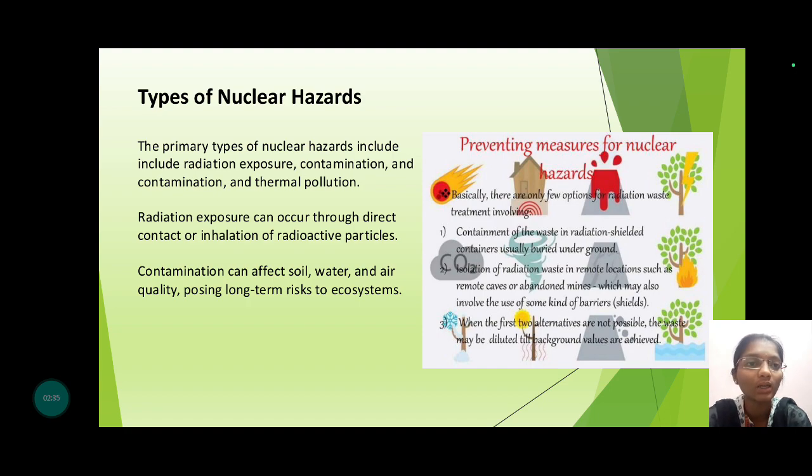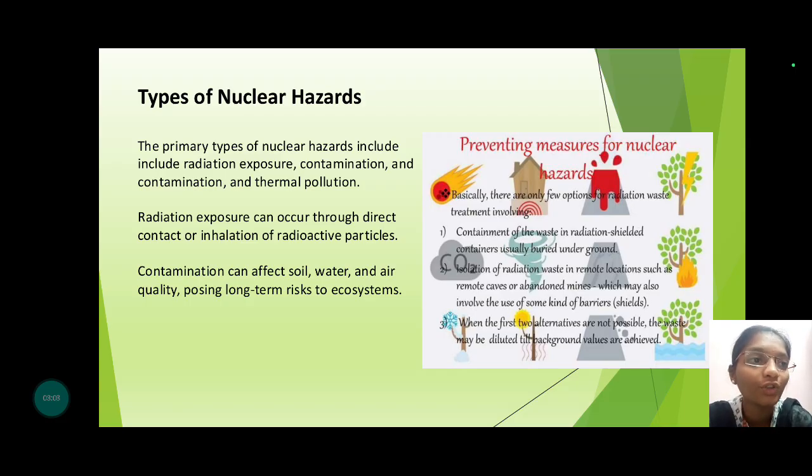Radiation exposure can occur through direct contact or inhalation of radioactive particles. Contamination can affect soil, water, and air quality, posing long-term risks to ecosystems. In beside picture we can see the preventing measures for nuclear hazards.